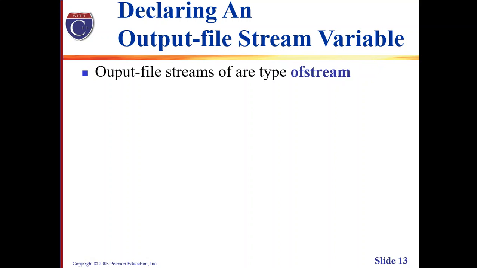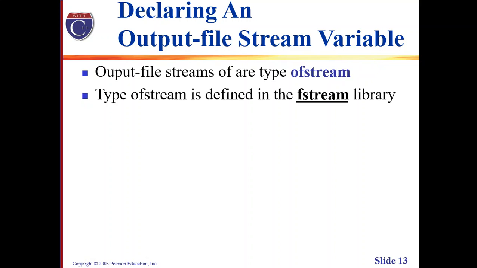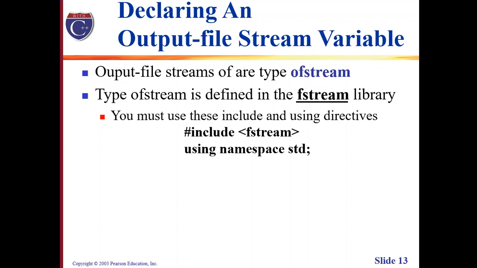So this time, for output file streams, we have the type ofstream. Next, ofstream is defined in the fstream library. So just like ifstream a while ago, of course, in order for us to use the ofstream data type, we must first include the fstream library in our program. To do that, we also use the include directive, which includes fstream, and of course, we also need to use the namespace std.